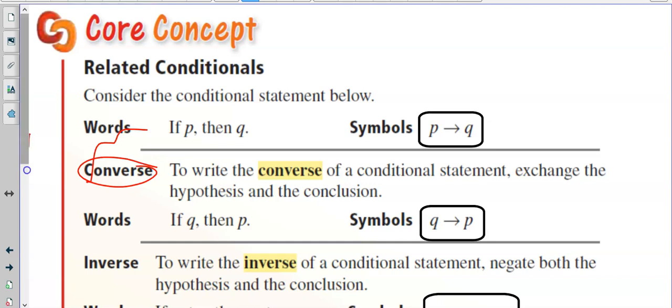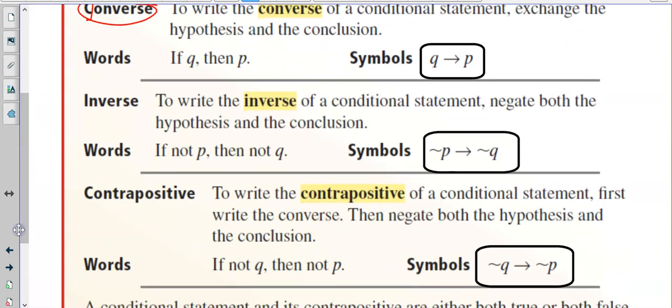So we just flip-flop. The inverse, all right, to write the inverse, negate both of them, of the original one. So if not P, then not Q. All right? So converse, you flip them. The inverse, you keep it the same order, but negate them both.